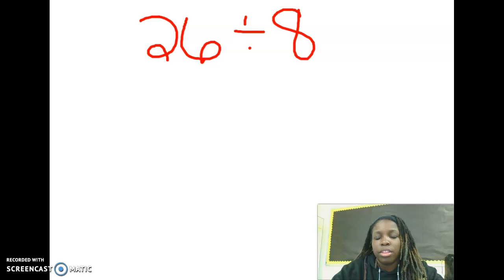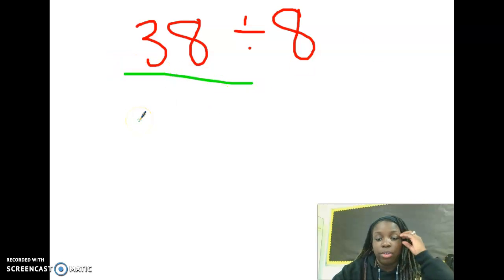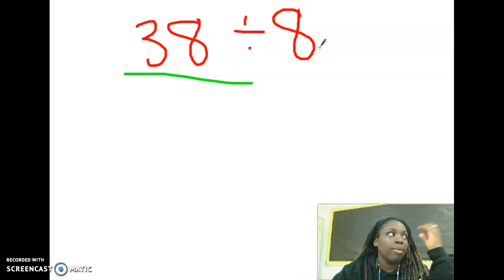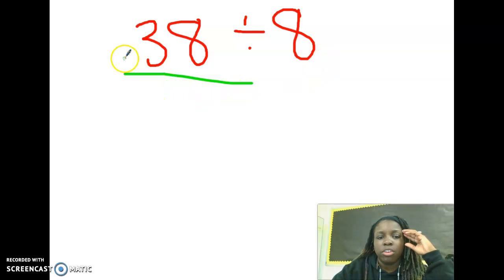All right, let's do another one. Ooh, I like the number 26. Let's erase 26. Let's do 38 divided by 8. All right, so we're looking for that number 38, okay? So we're going to split up 38 amongst 8. Let's say we had 38 chocolate bars, and we're going to give 8 to each of our friends.